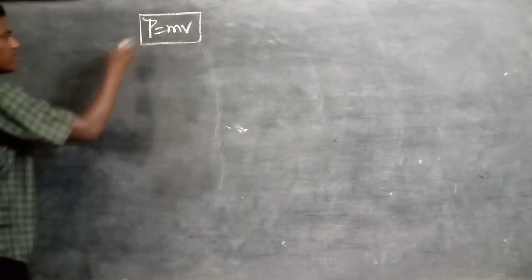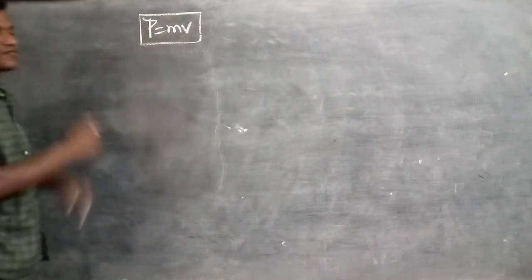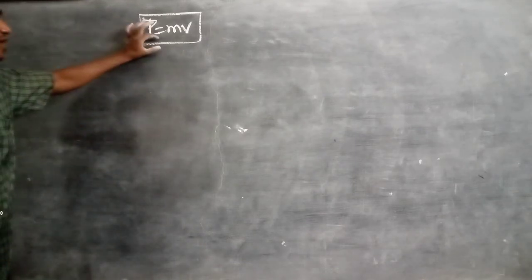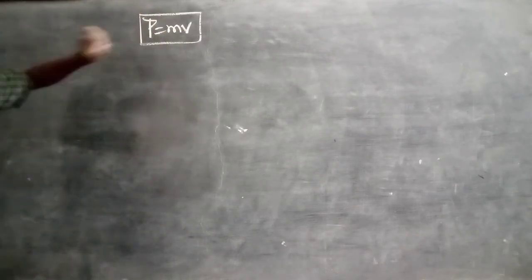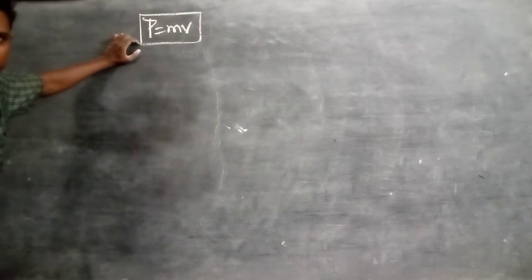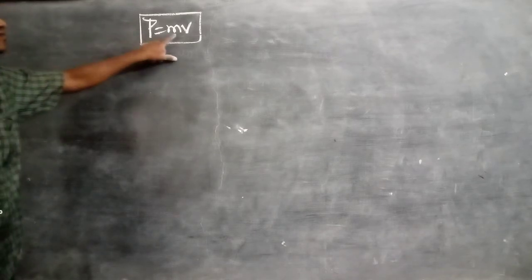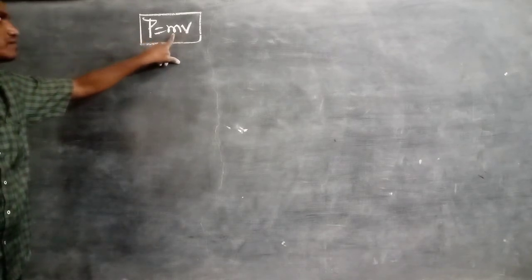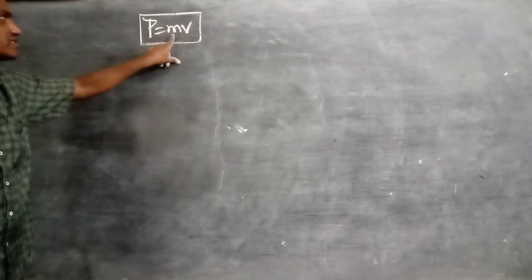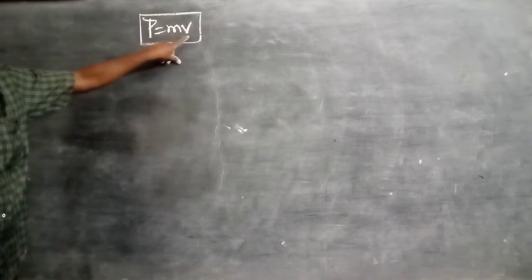So now, is linear momentum a scalar or a vector? It is a vector only, because it is the product of mass and velocity. For a given body, mass is constant but velocity is not constant.